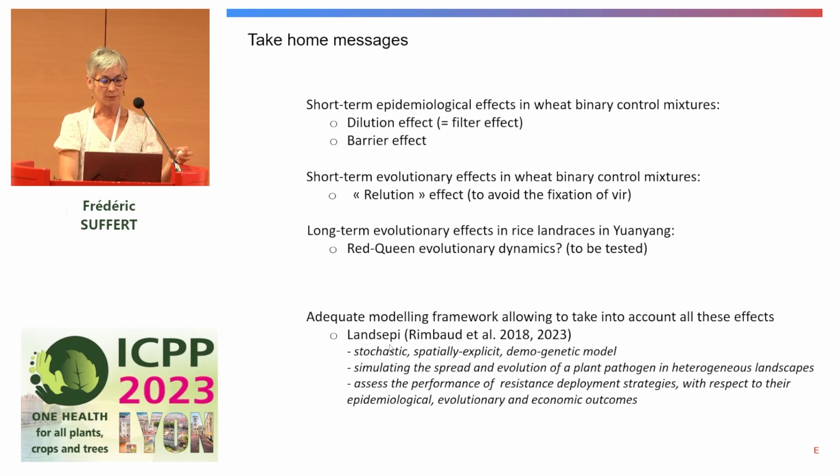For that, we have the model developed by our colleagues in Avignon, which is called LANCEPI, and which allows us to simulate the spread and evolution of a pathogen in different kinds of designed landscapes. So I will end it here.